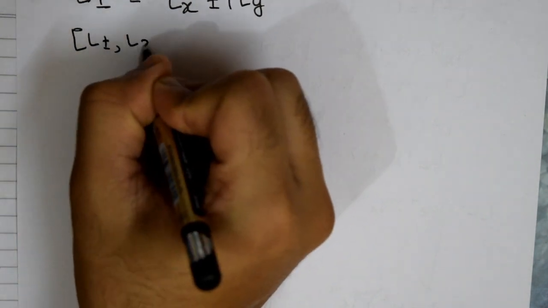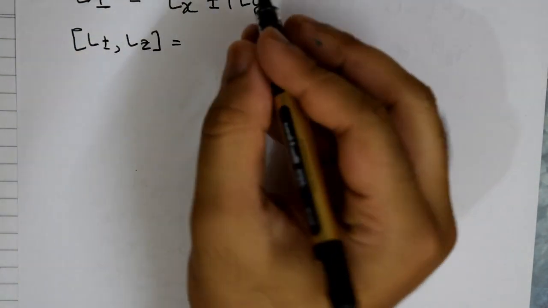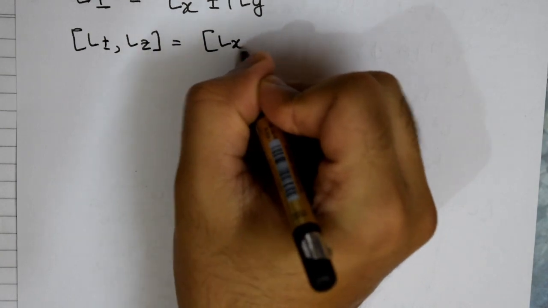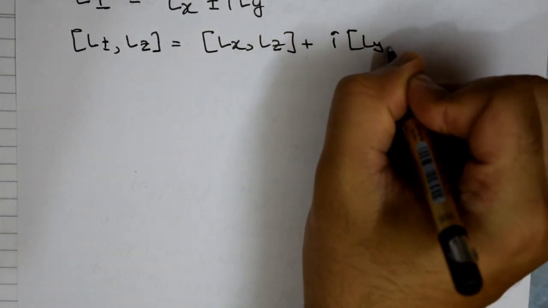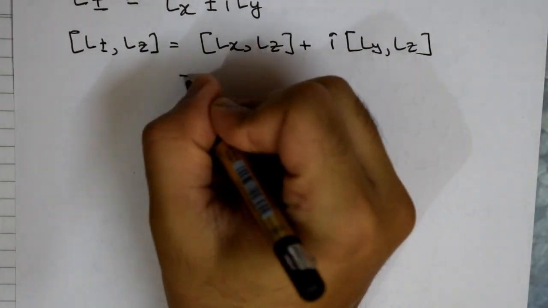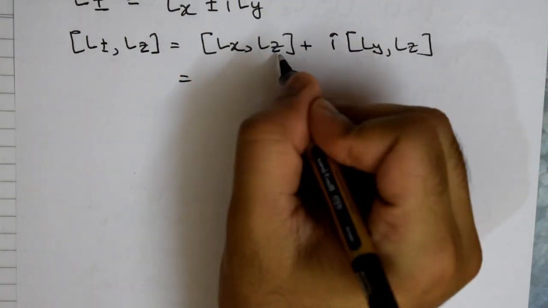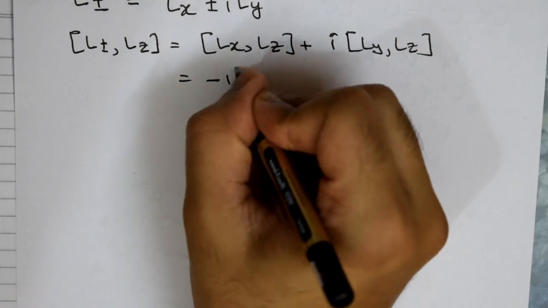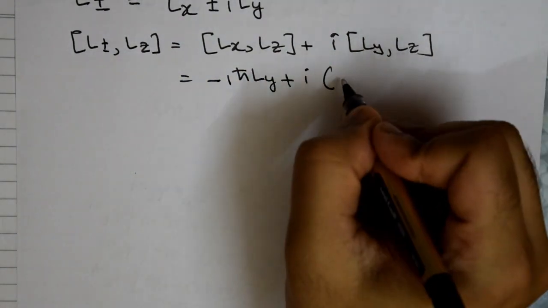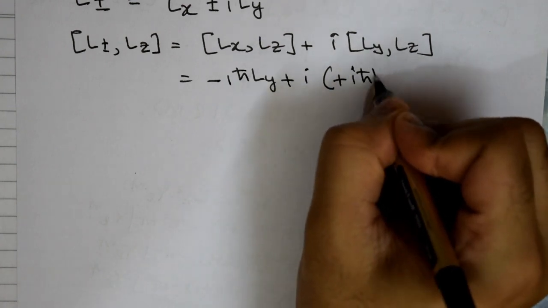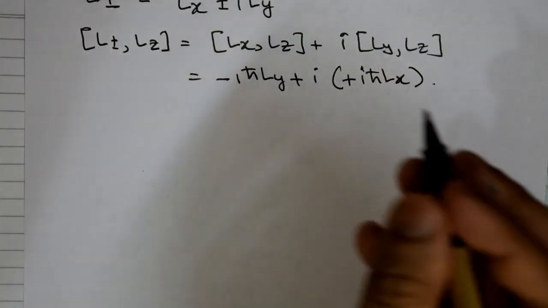What is the commutator of L plus minus with Lz? So this is going to be equal to [Lx, Lz] plus i [Ly, Lz]. Since [Lx, Lz] is acyclic, you have minus i ħ Ly, and since [Ly, Lz] is cyclic, you have plus i ħ Lx.